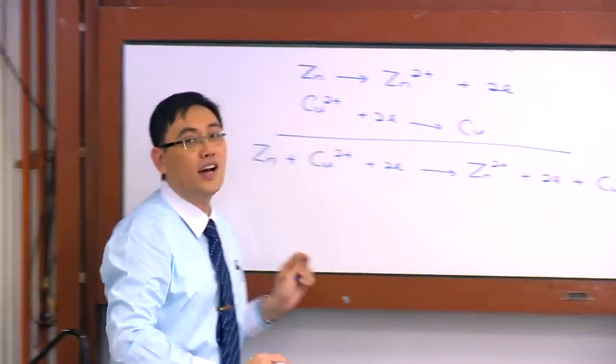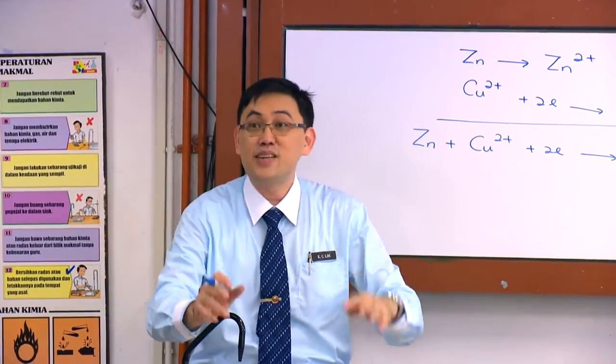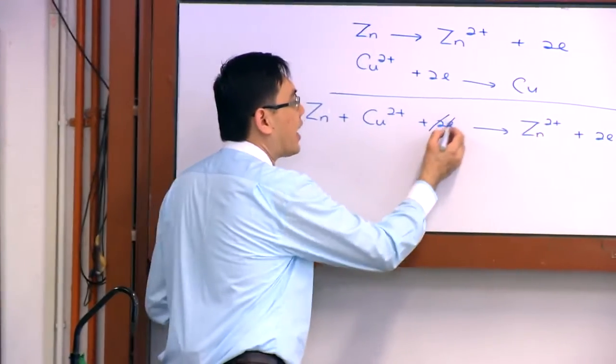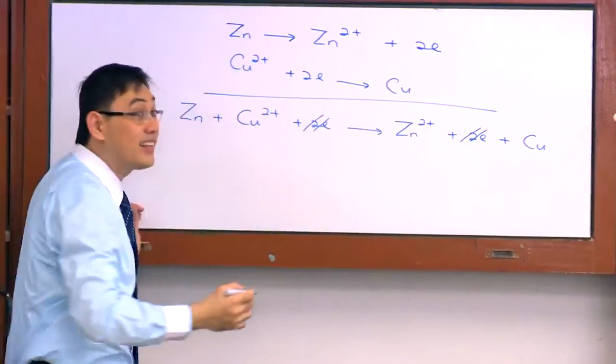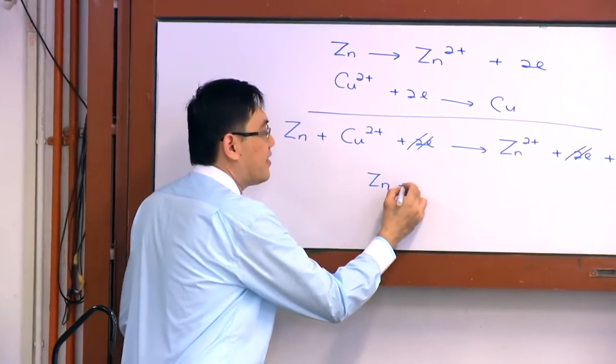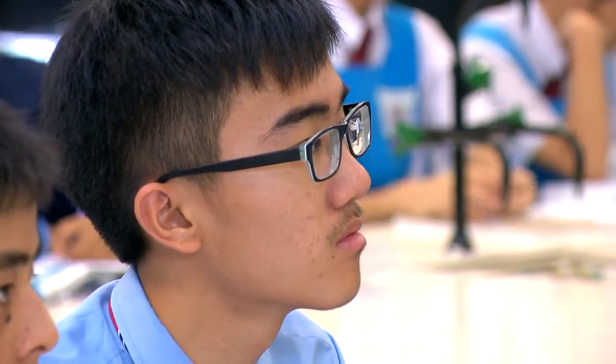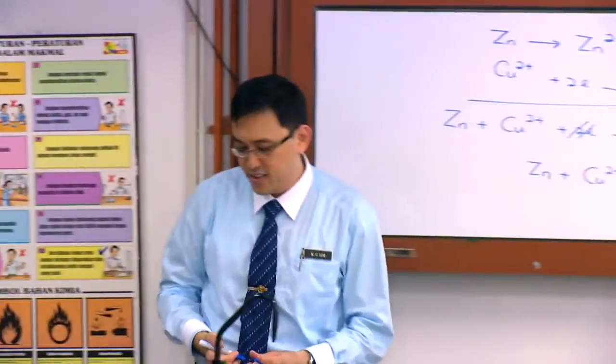Now, is anything the same on the right hand side and the left hand side? The electrons, correct? So these electrons, we can cancel them off. So the real answer for the ionic equation is Zn + Cu²⁺ → Zn²⁺ + Cu. This is what we call the ionic equation.